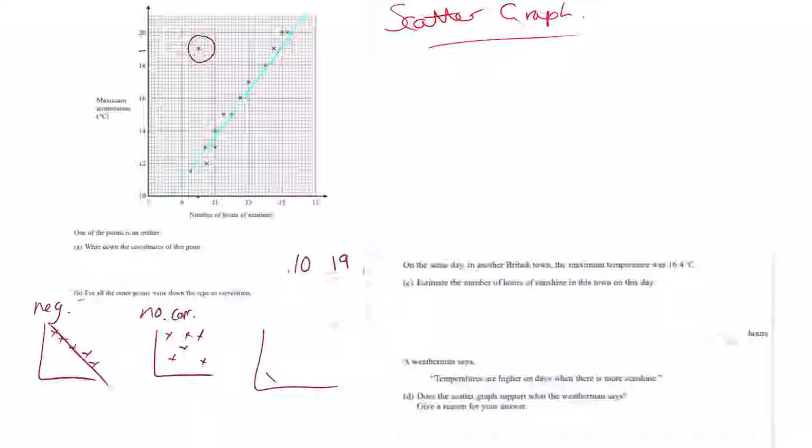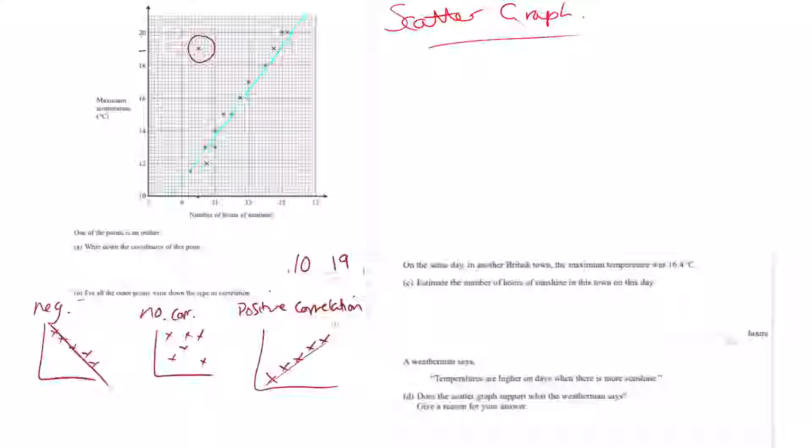And finally, all our points angled up from the bottom left to the top right, and that's our positive correlation. So for this one, we have positive correlation as a mark.